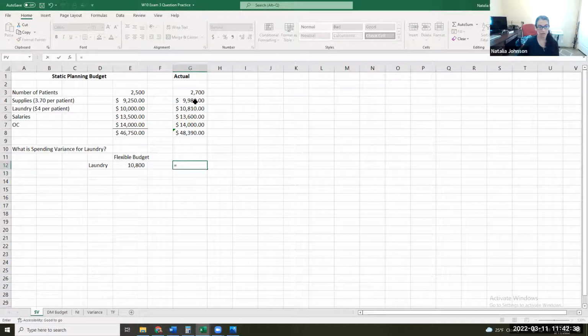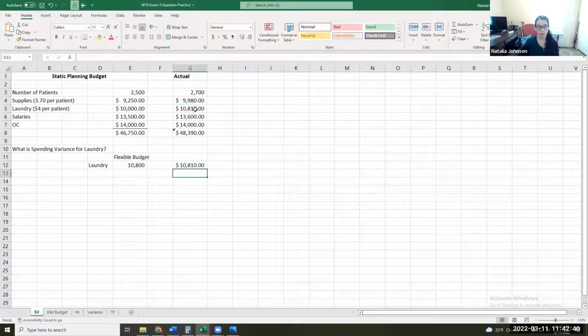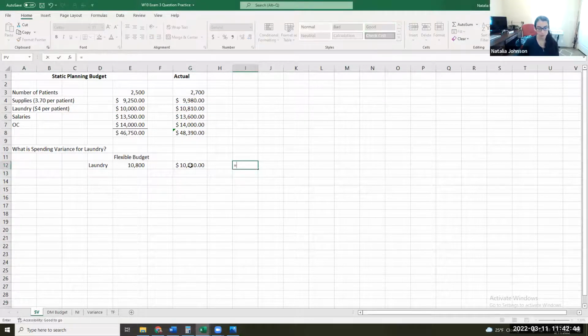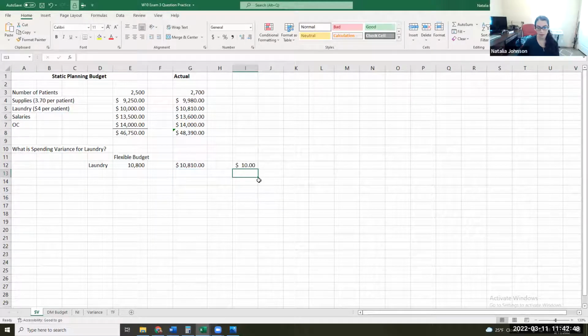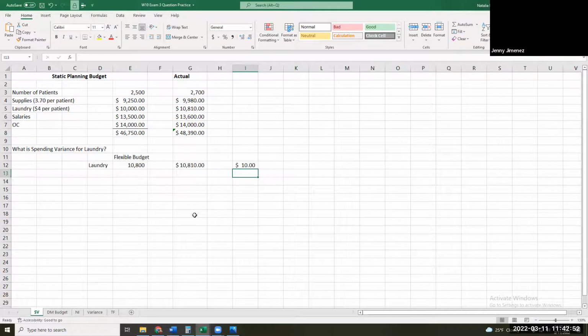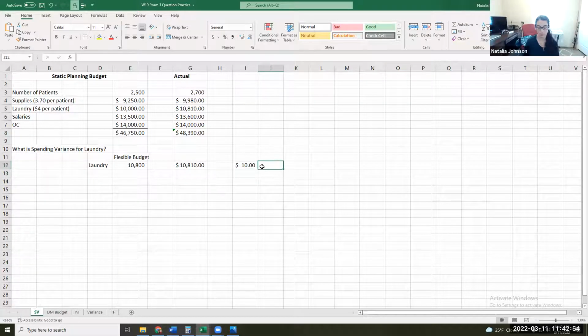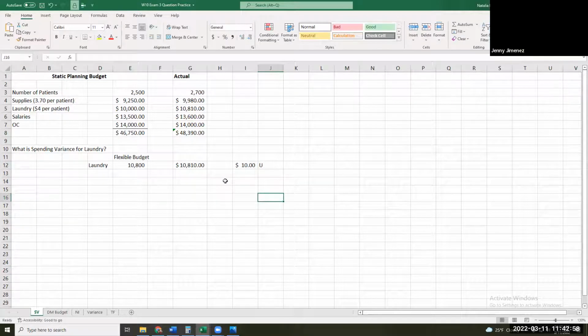And the actual for laundry was 10,810. So you subtract those two. We went over by $10 more than we should have, so that means it's unfavorable given the actual numbers.